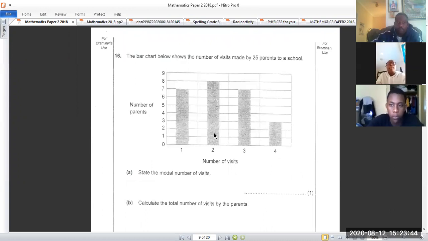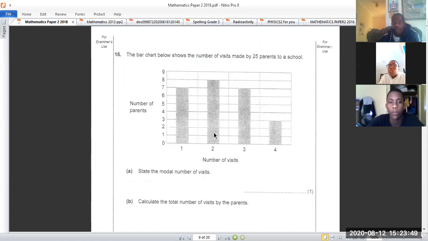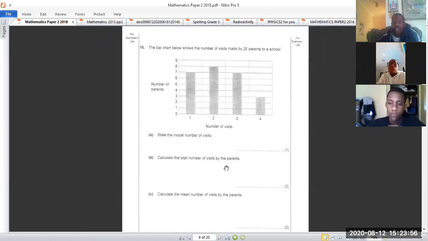Okay, so now we have a bar graph there. It shows the number of visits made by 25 parents to the school. Those who made one visit are 7, those who made 2 visits are 8, those who made 3 visits are 7, those who made 4 visits are 3.